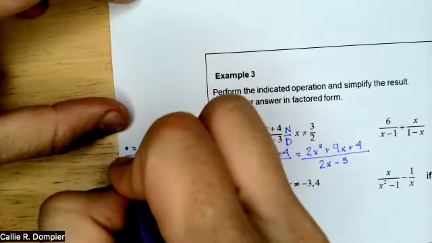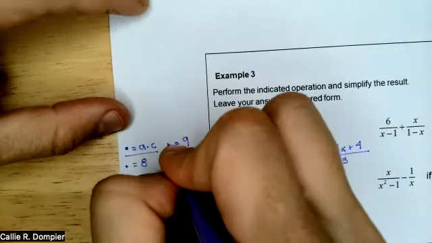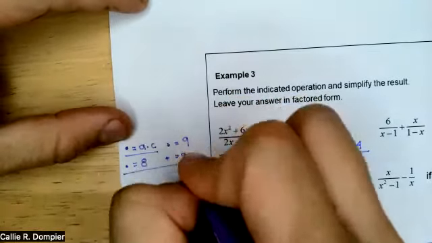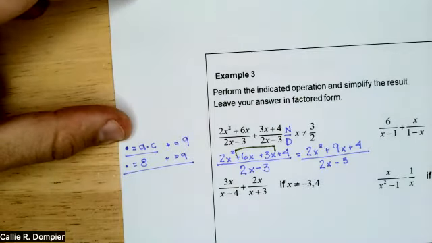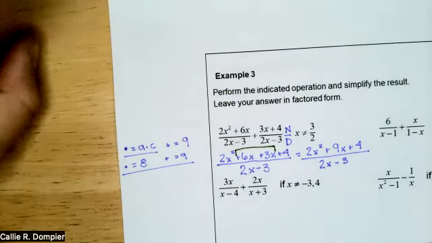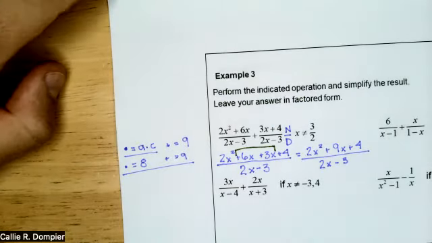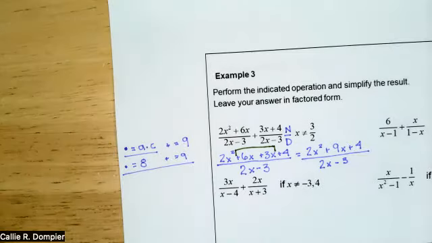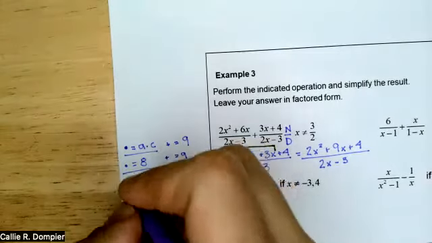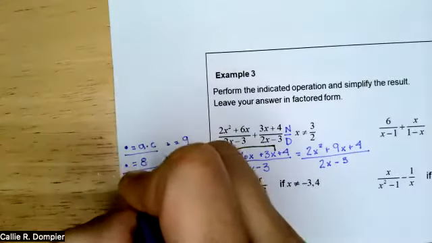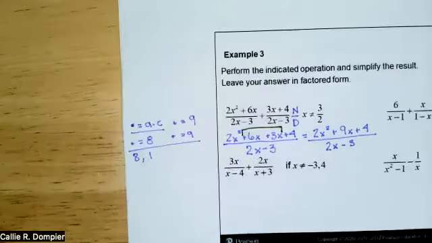So it needs to multiply to equal 8, add to equal 9. Multiply to equal a times c, add to equal b. All right, sorry, brain fart. Multiples of 8 that would add to 9, just 8 and 1, right?